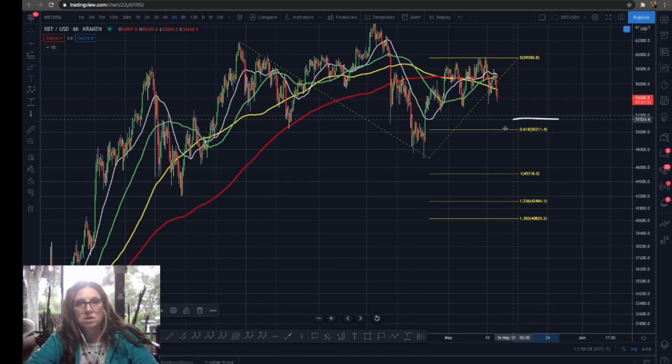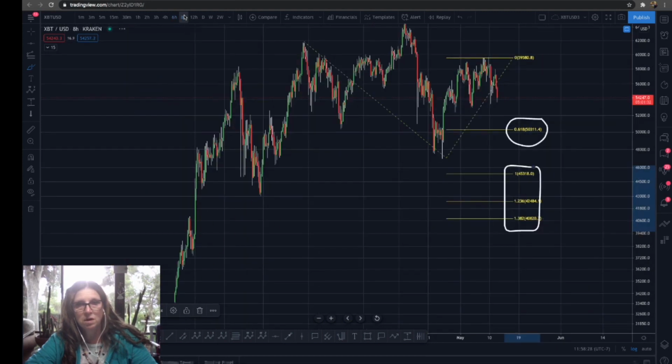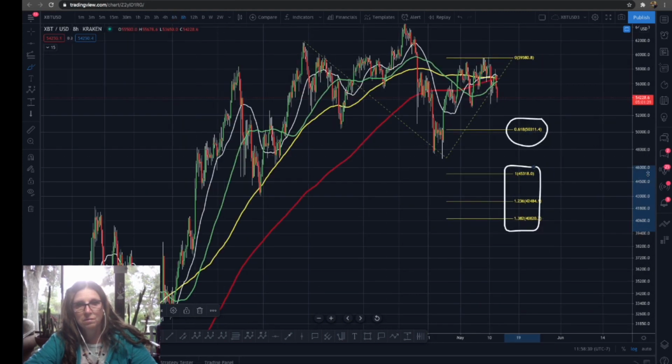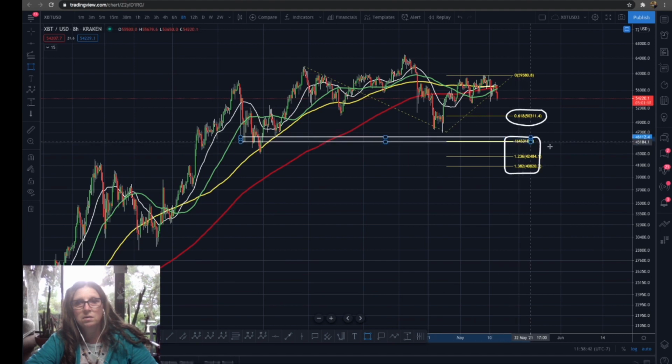We always look at the 618 first. I don't think that's going to happen for the bearish scenario. I think we will be looking at these targets here for this bearish scenario. And let's see what kind of support we have there. So we have a little bit here that's coming into that area.